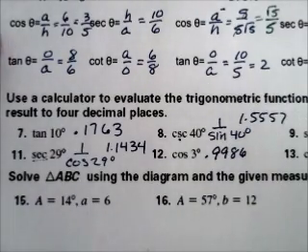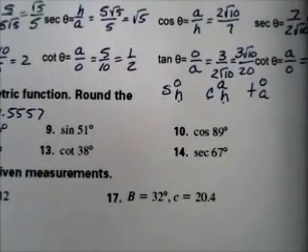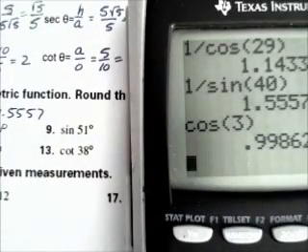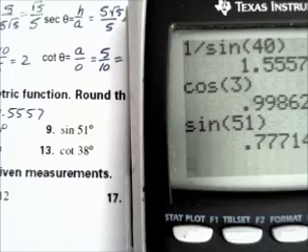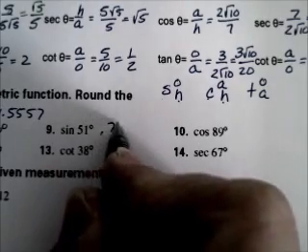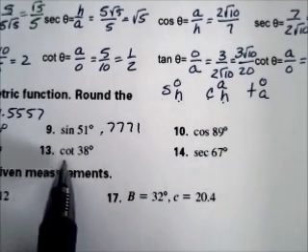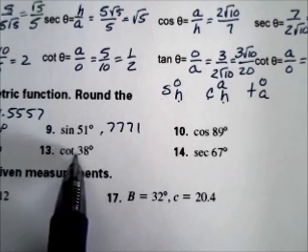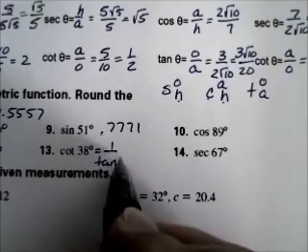You can try the other 4. Next, sine of 51, 0.771. Cotangent of 38 degrees. That's the reciprocal of tangent, so this would be equivalent to 1 over tangent 38.